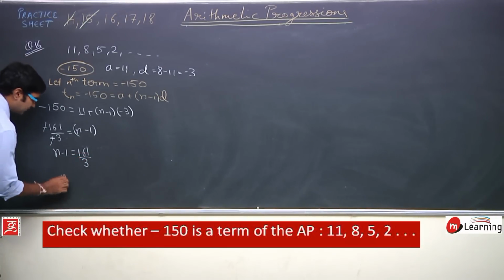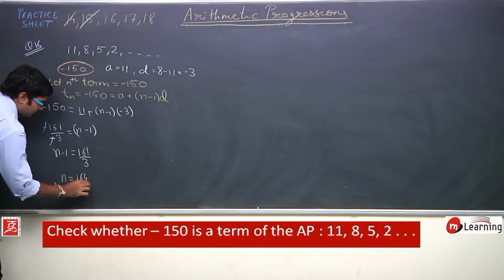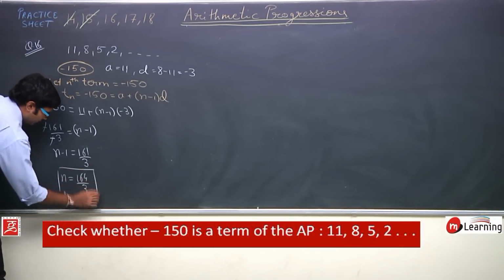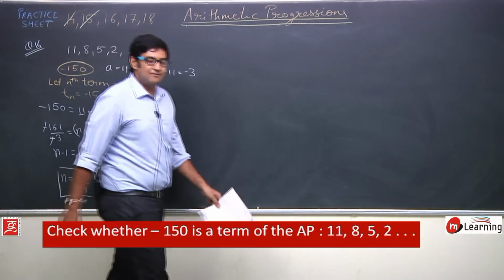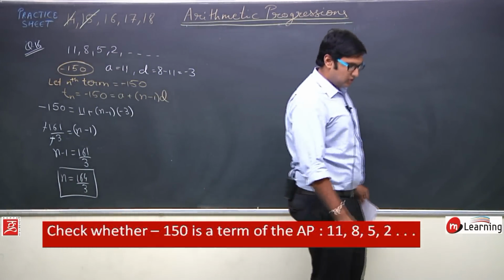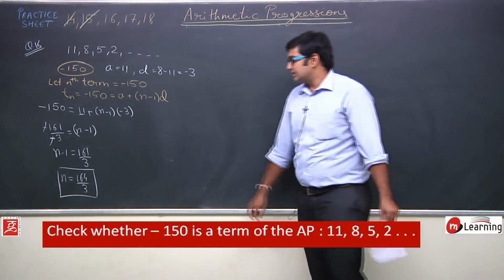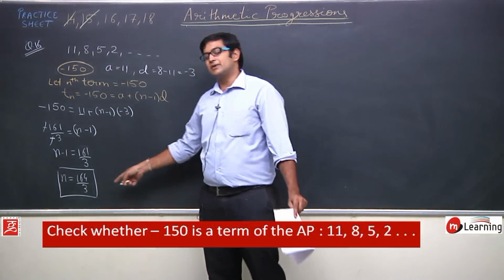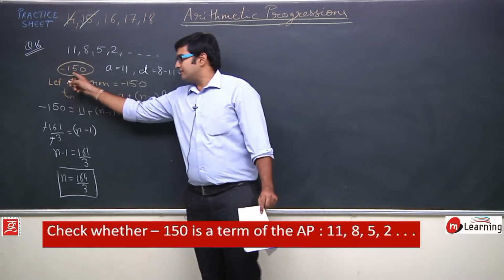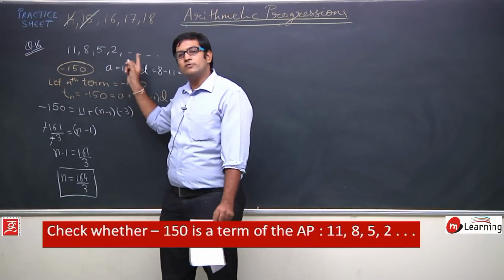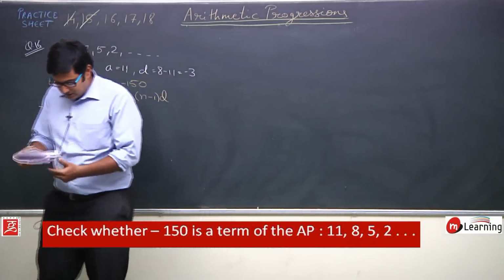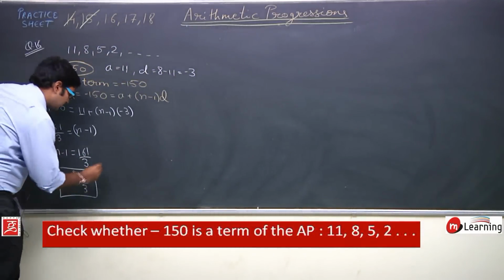So n will be equal to 164 upon 3. Now you can see the value of n is not a natural number. Since the value of n is not a natural number, I will say minus 150 cannot be a term of this AP.